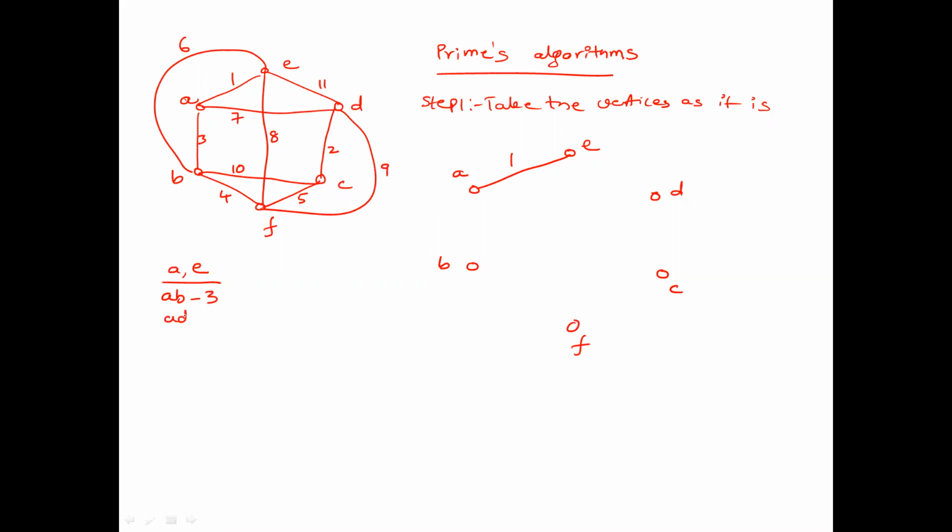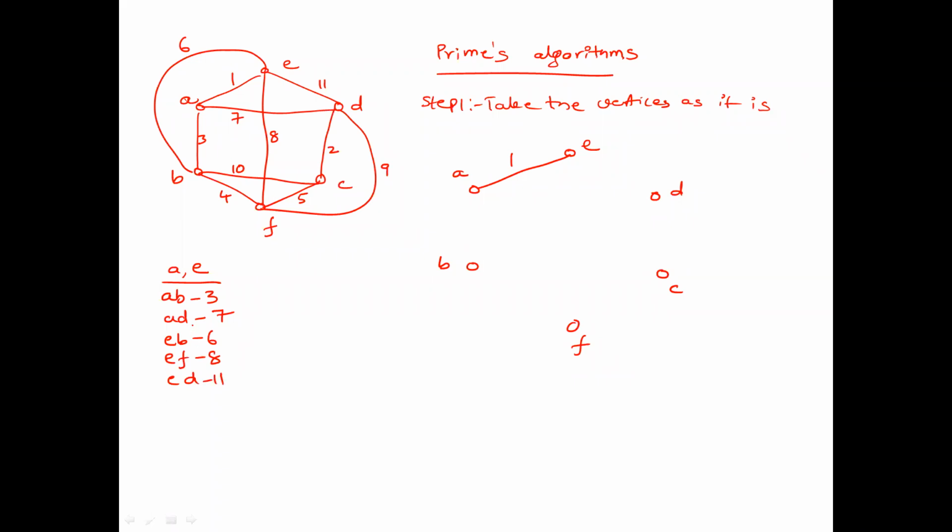Then we have AD whose cost is 7, right? And AE we have just taken. Then with respect to E, we have EB, cost 6. E has degree 4, right? Then EF cost 8 and ED cost 11.